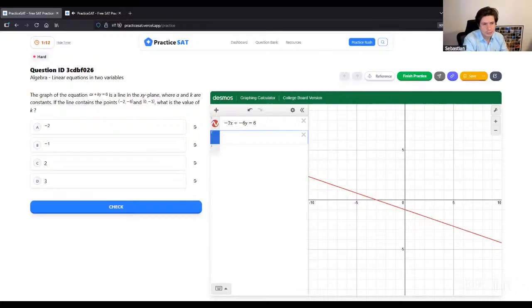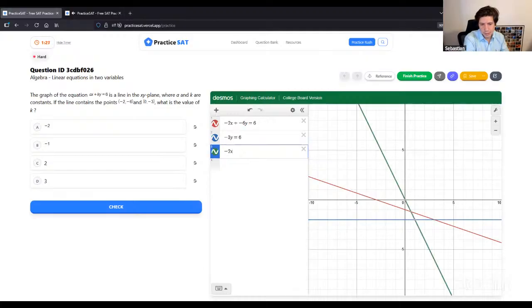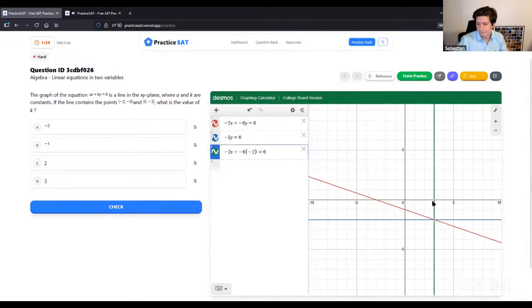And then I'm going to do ky, -3y equals 6. So then this one equals -2. We plug in -2 into that one, we're going to get -2x plus -6 times -2 equals 6. So I'm getting 3. Let's check.